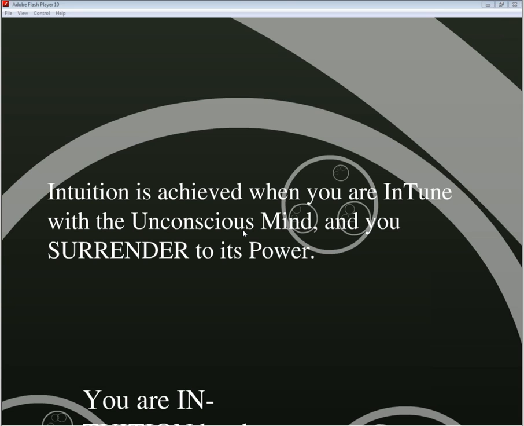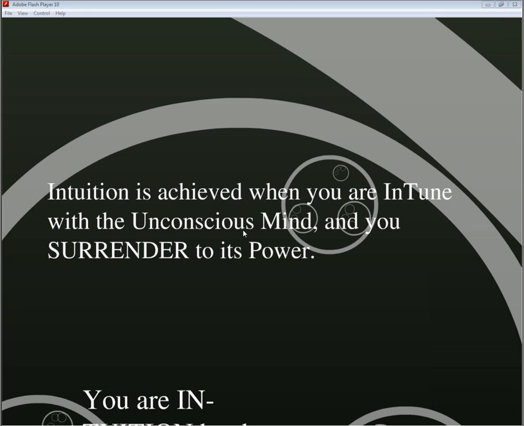We often talk about your unconscious mind being able to process a hell of a lot more information than your conscious mind. There are actually some numbers that have been released to say how much information your unconscious mind is able to process.